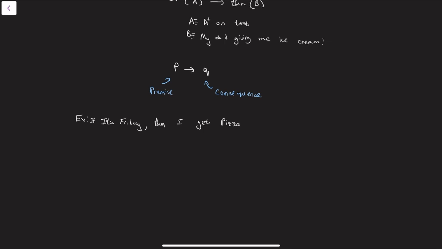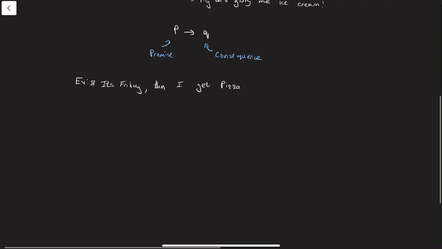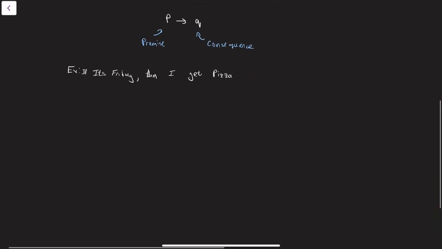Okay, great. If it's Friday, then I get pizza. So what are the possible scenarios in this case? Let's write out a table of values. So we'll have P, Q, and P material conditional Q as such.